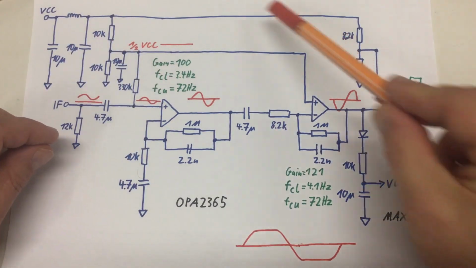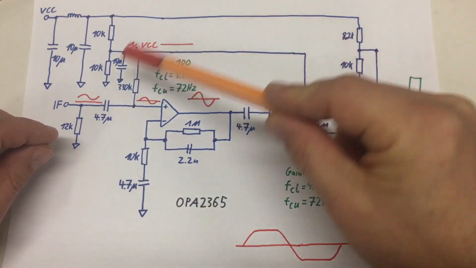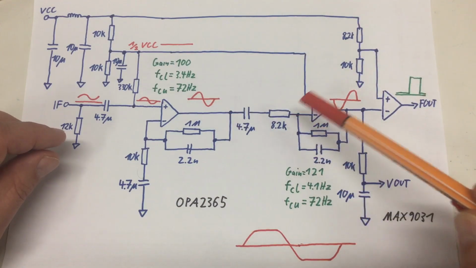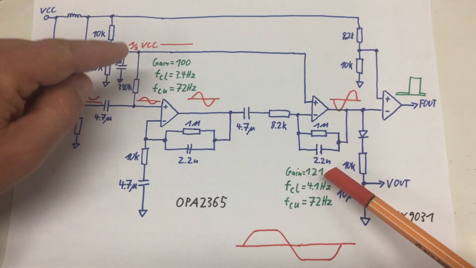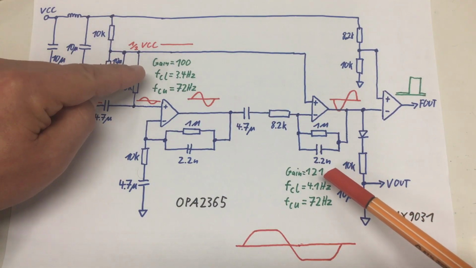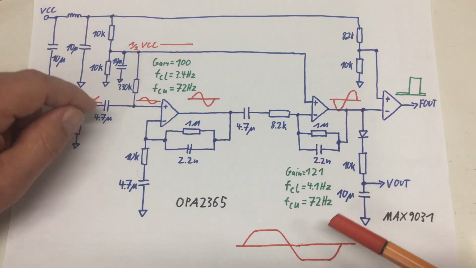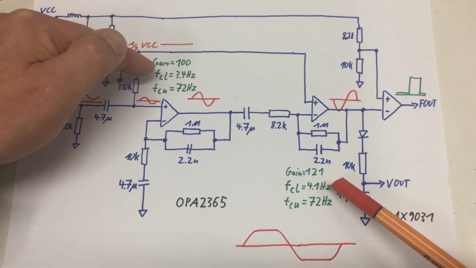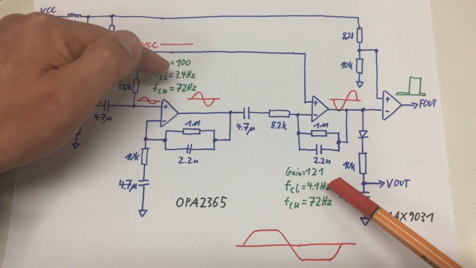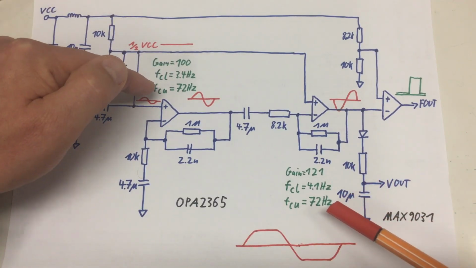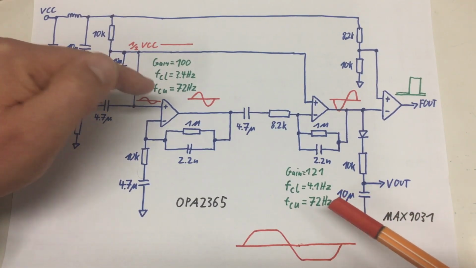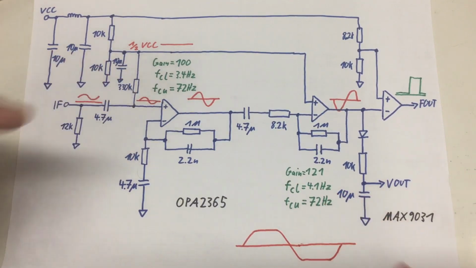So in total, we have a second order bandpass filter with a gain of 12,100, quite a lot, a lower cutoff frequency of somewhere between 3 and 4 Hz, and an upper cutoff frequency of 72 Hz.